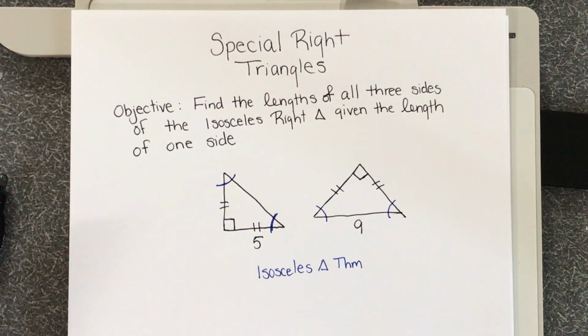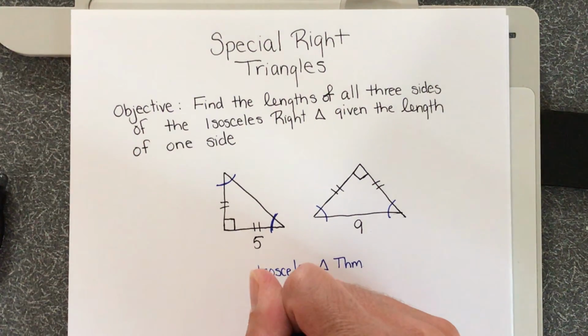Now, with that being said, because I know that my base angles are congruent, that means that they have the same measure. So not only am I going to be able to find the length of all three of the sides, but I also know something about my angles.